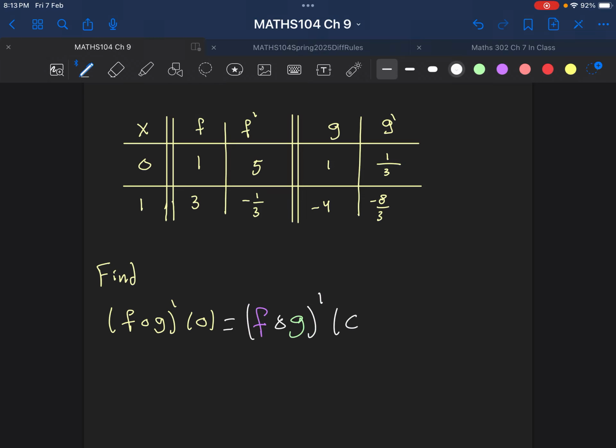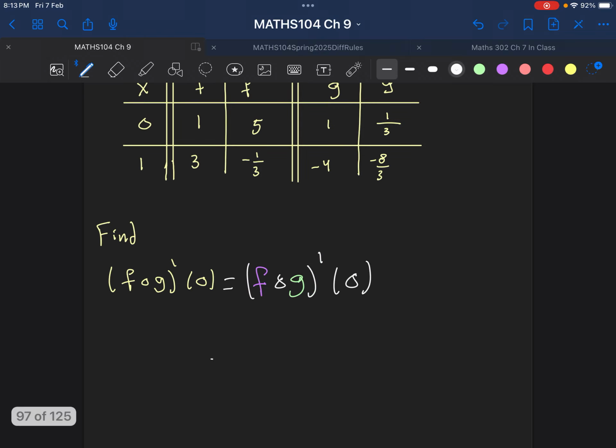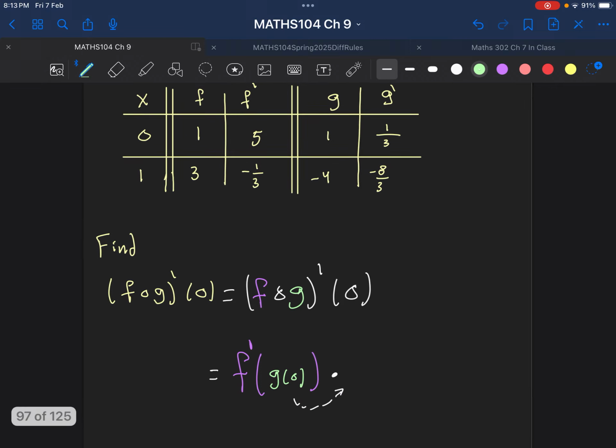And I need to find the derivative at 0. Now, if you remember the chain rule, we need to find the derivative of the outer function, and we keep the inner function inside, times the derivative of the inner function at 0.